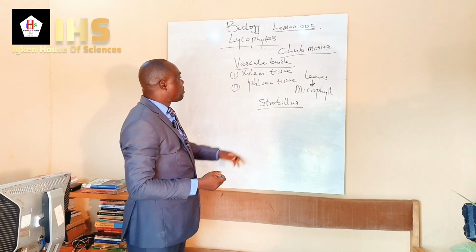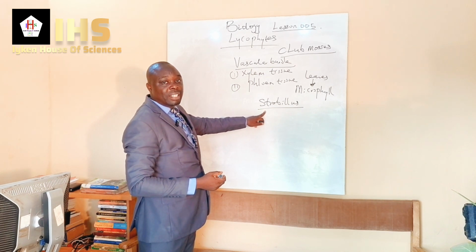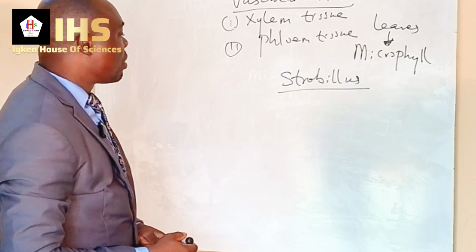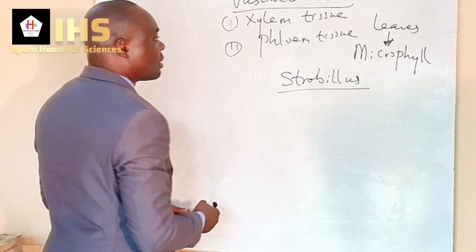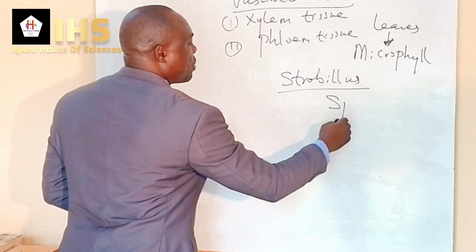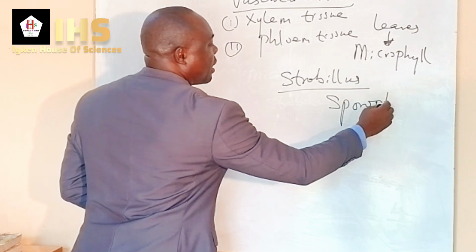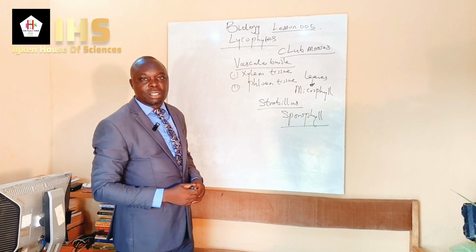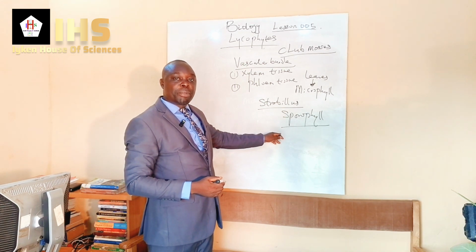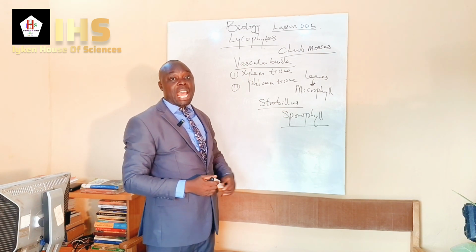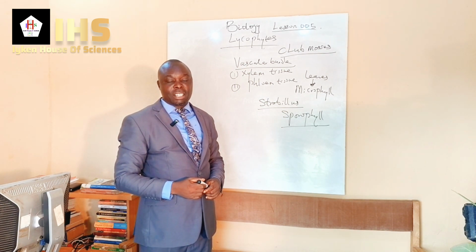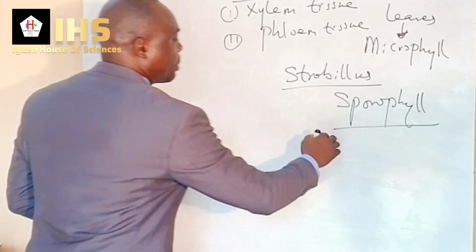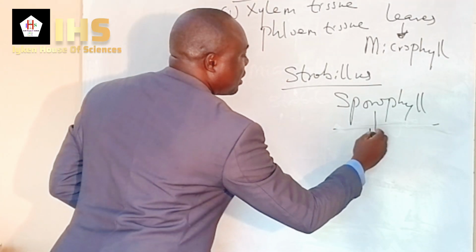On the top of this strobilus of the lycophytes, there is a structure known as sporophyll. The sporophyll bears the sporangia. It contains the sporangia.